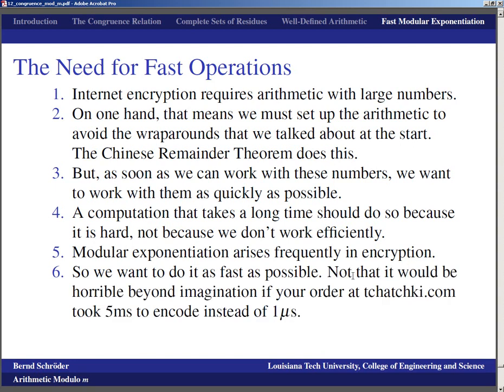And well, okay, so let's be realistic here. It would not be the end of the world if my order at tchotchke.com would take 5 milliseconds to encode rather than 1 microsecond.